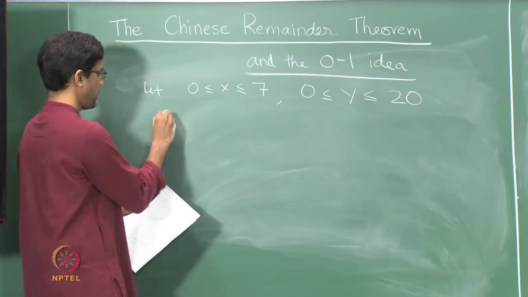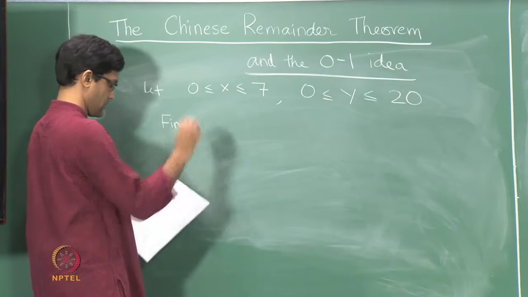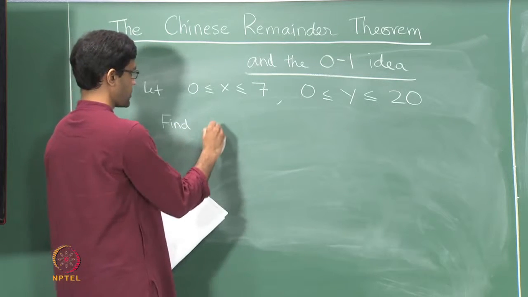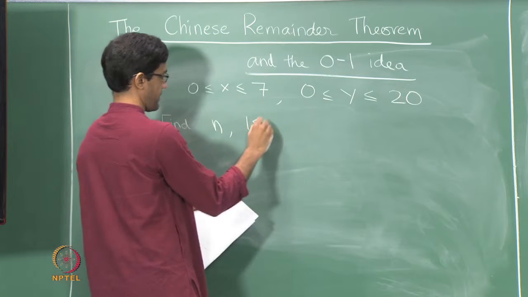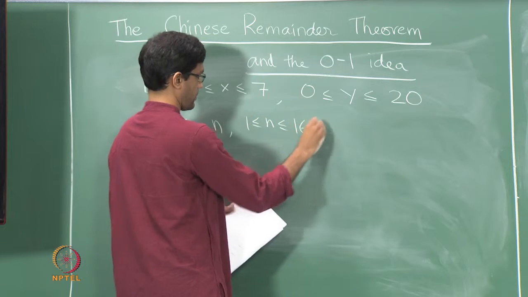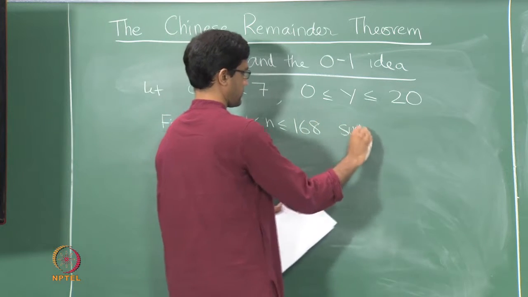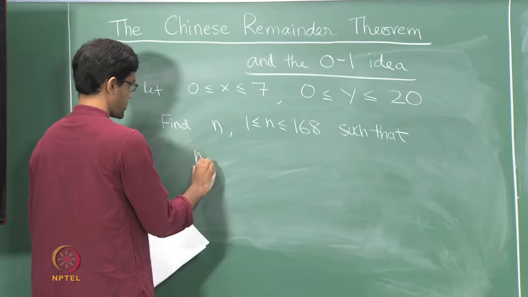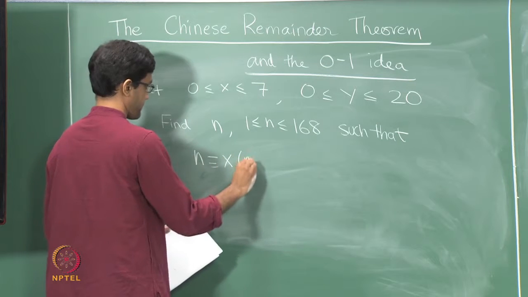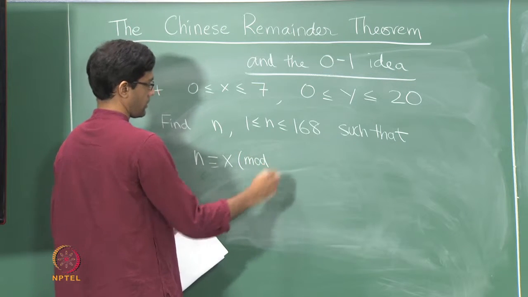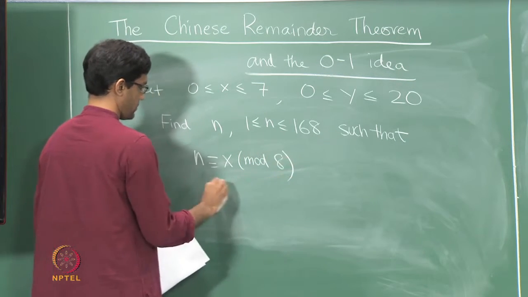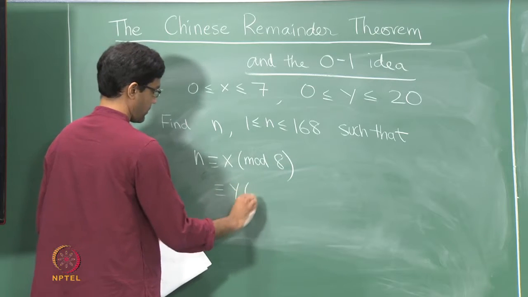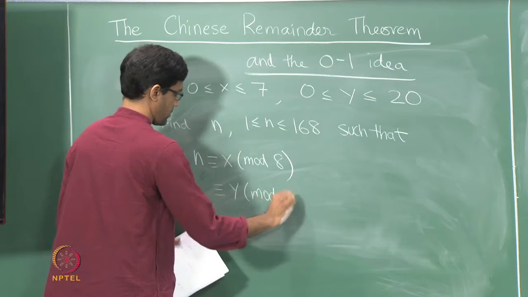The question is to find a number n between 1 and 168 such that n satisfies those two congruences: n is congruent to x mod 8 and congruent to y mod 21.